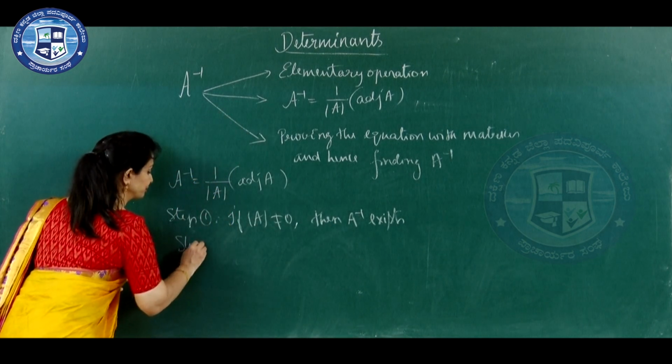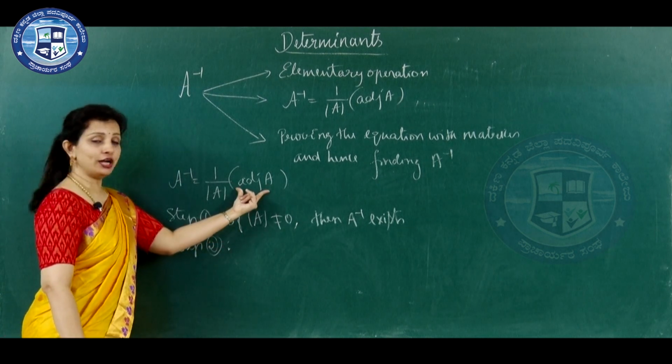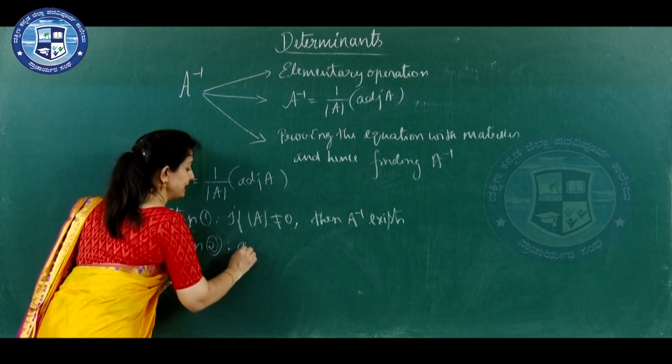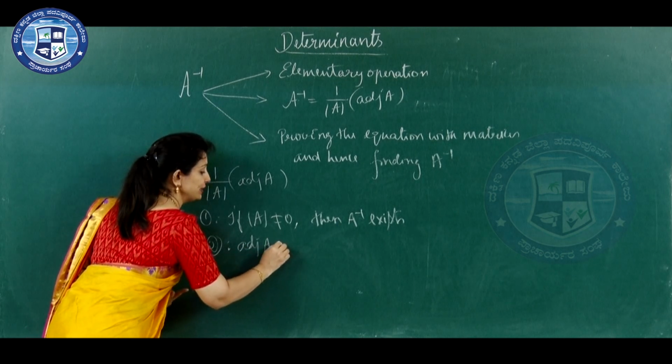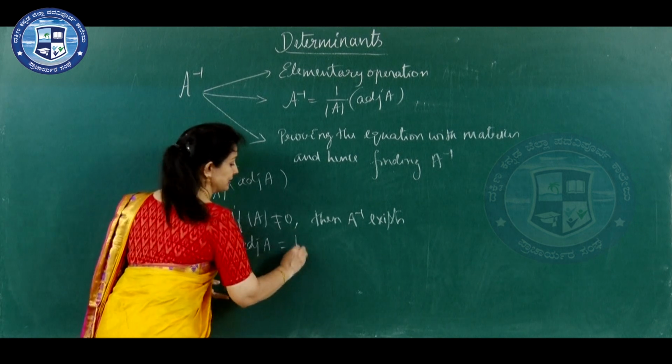Step 2 is to find the adjoint A. What is adjoint A? Adjoint A is equal to the transpose of the cofactor matrix.